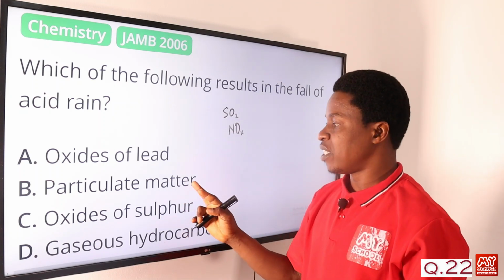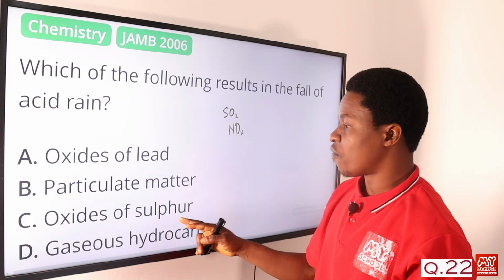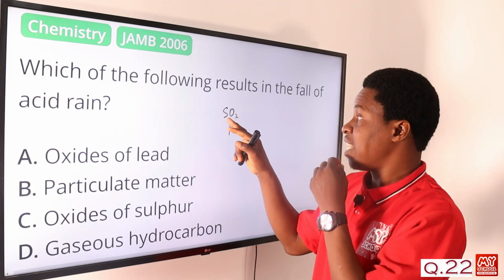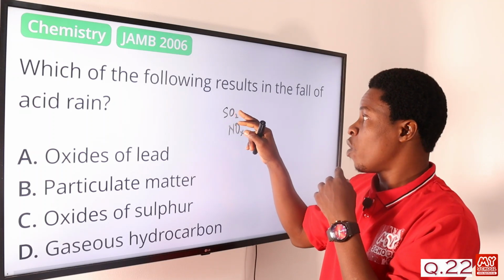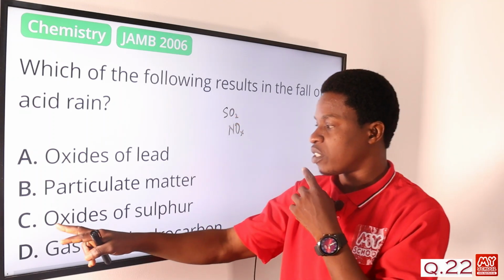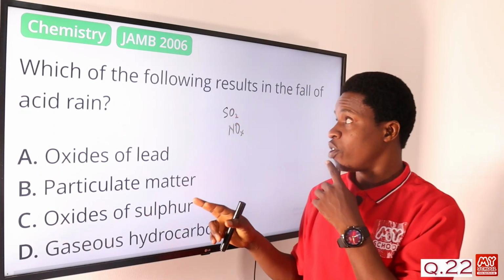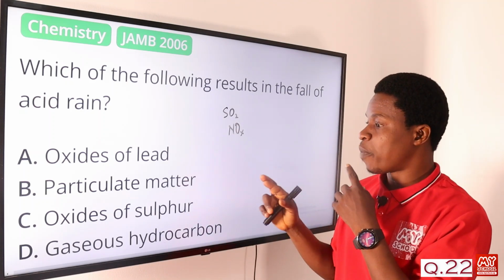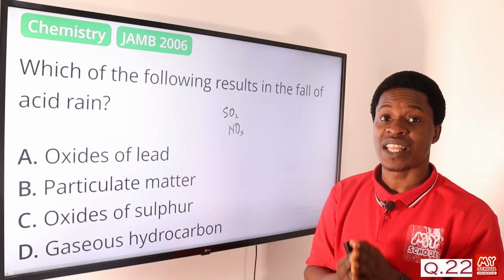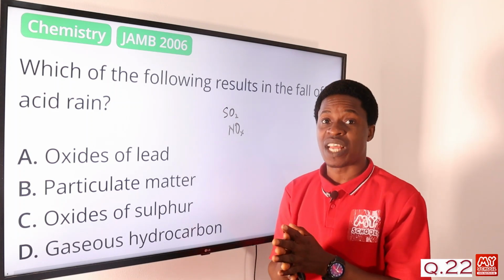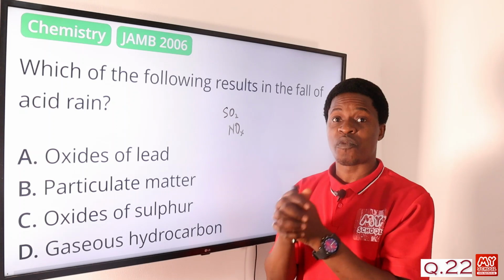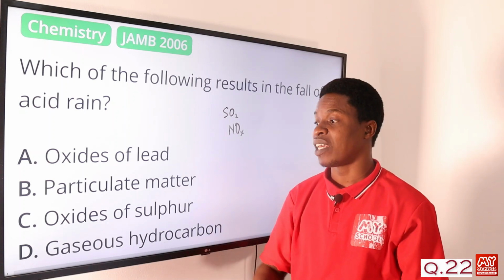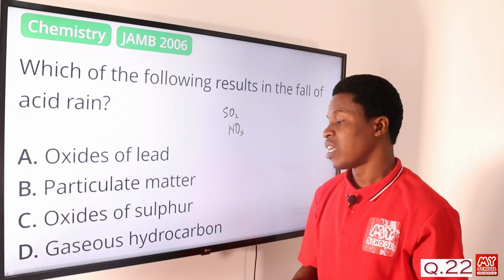We have oxides of sulfur; we can have SO2, we can have SO3, so it can be SOx. So option C, oxides of sulfur, is one of the pollutants in the atmosphere that can react with water and oxygen to form acidic oxide, which falls down as acid rain. Option D says gaseous hydrocarbons.